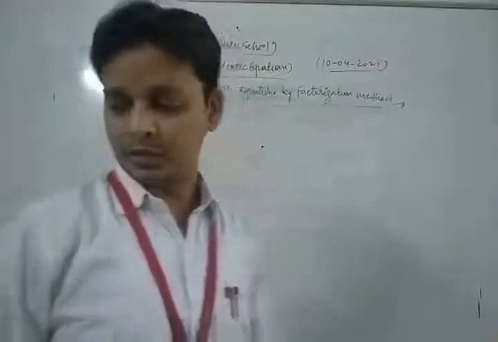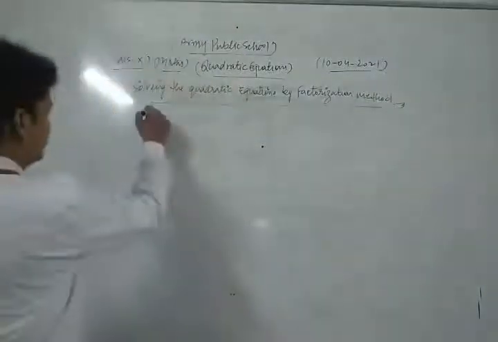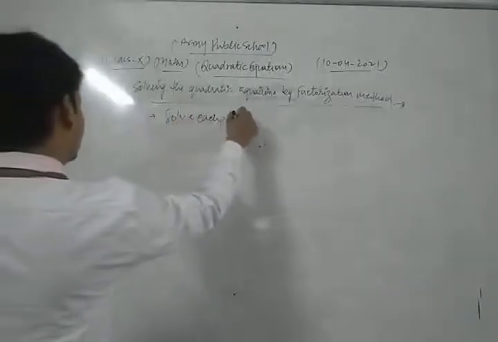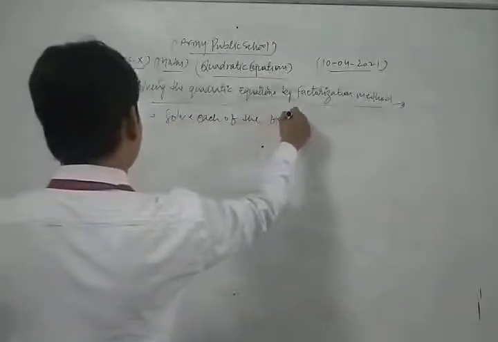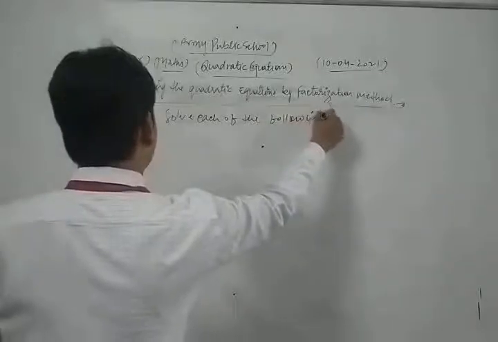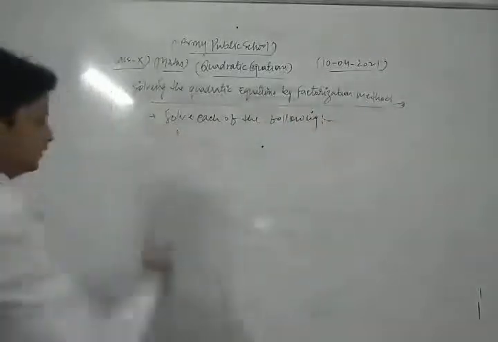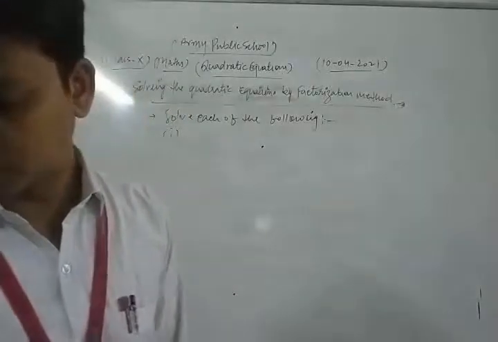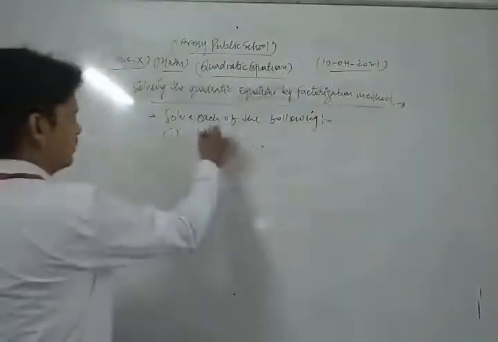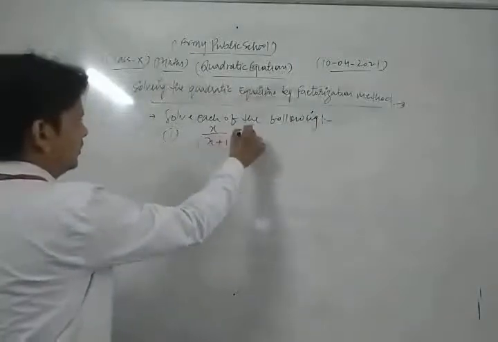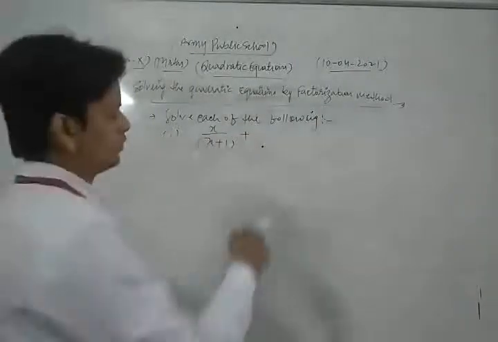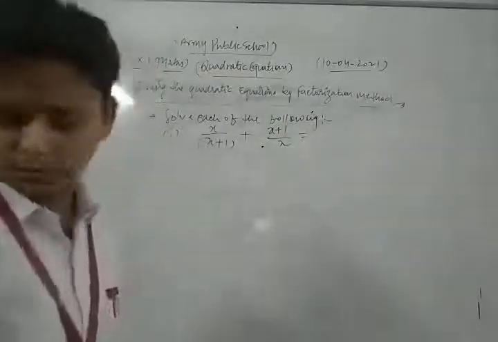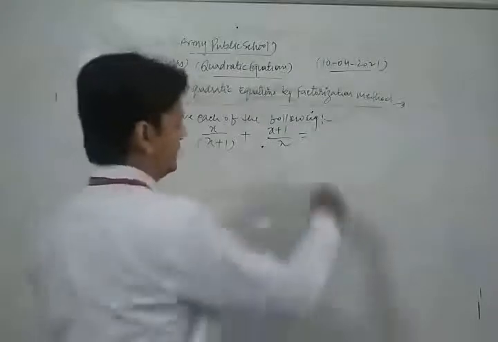Solve each of the following. We take the first part of this question: x upon x plus 1 plus x plus 1 upon x is equal to 34 upon 15.